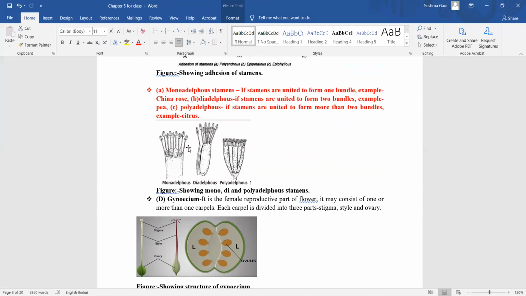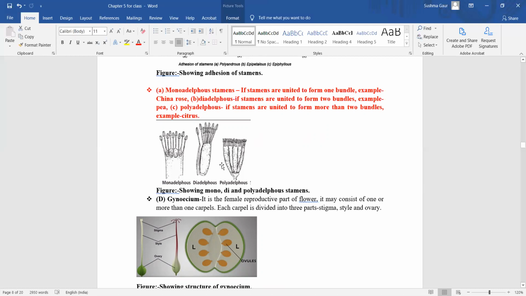Then it is known as monoadelphous condition. And diadelphous condition means some of the stamens are very big and some stamens are smaller in size. You can see here the stamens can be divided into two bundles. They are the bigger, longer ones, and the smaller ones. So this condition is known as diadelphous.